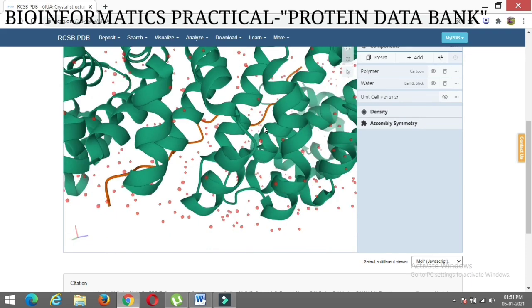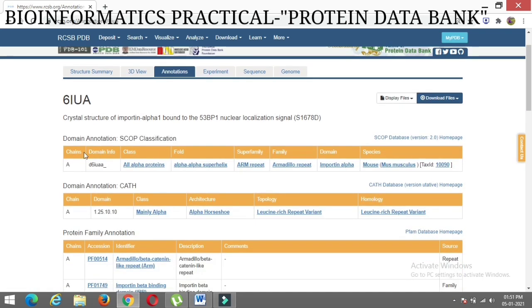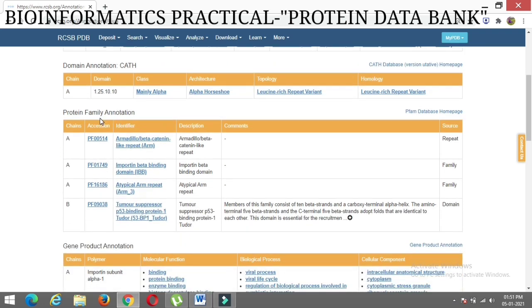Now if you click on the annotation part, you can see the annotation portion. You can see domain annotation, SCOP classification, domain annotation, CATH, and protein family annotation.